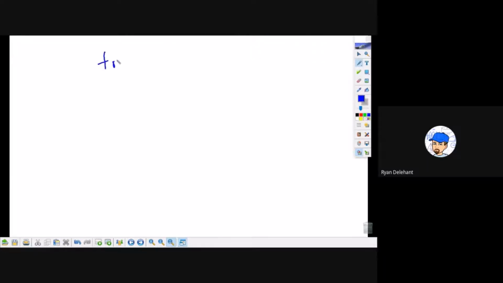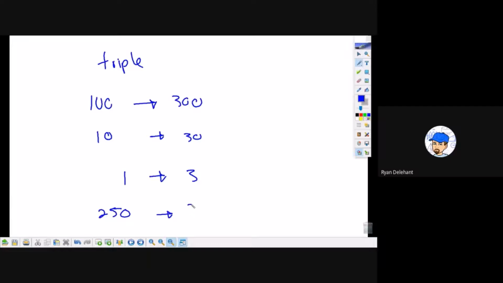If we want a triple, right? If we start with 100, what do we end up with? 300. If we start with 10, what do we end up with? 30. We start with 1, 3. If we start with 250, 750. Because how did we find that?